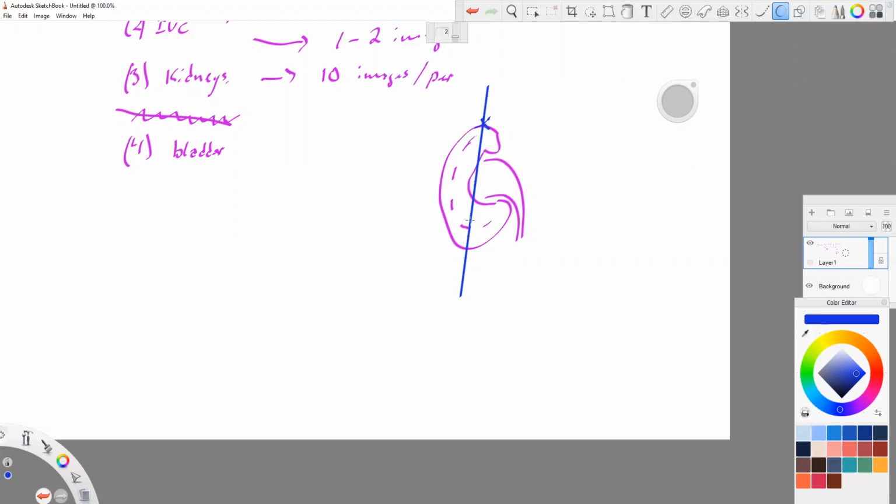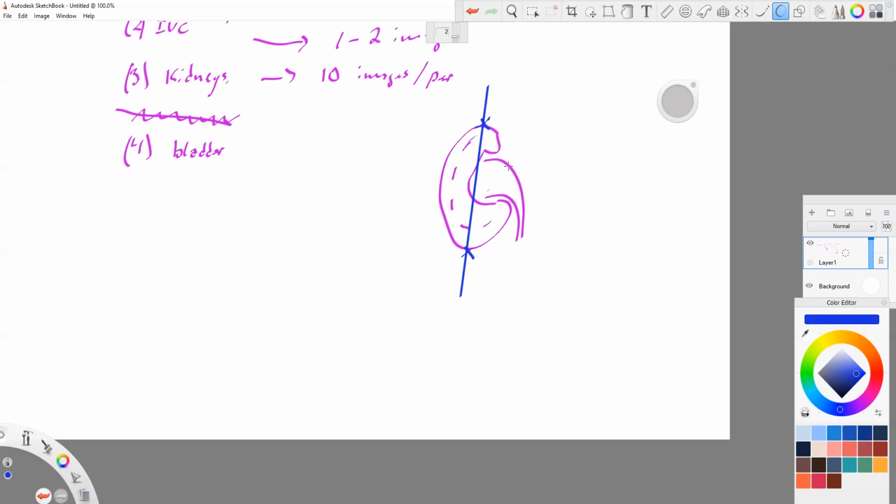This is my scan plane, but then we'll put a caliper here, and we'll measure that length. Of course, on our imaging, that kidney is not straight up and down, but in any case, I can show you what a kidney image would look like with this, but let's just go ahead and do a caliper.